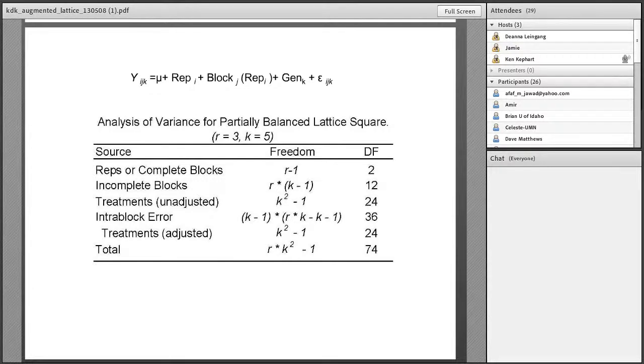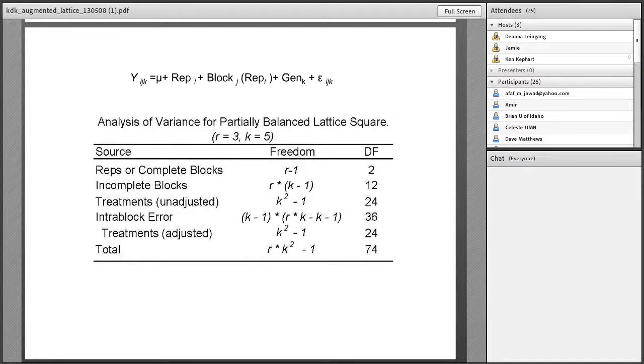When we're talking about blocks within reps, we're talking about either the rows or the columns that are defined as the incomplete blocks within those reps. Genotypes, in this case, we're assuming this is a study where we're looking at varieties or germplasm. And then your interblock error would be the residual error, as you see down here at the end of the model.